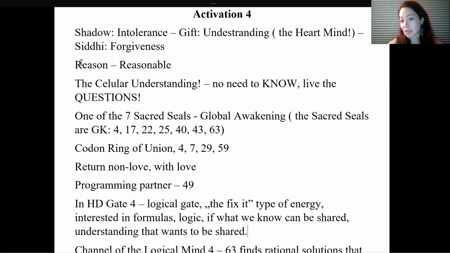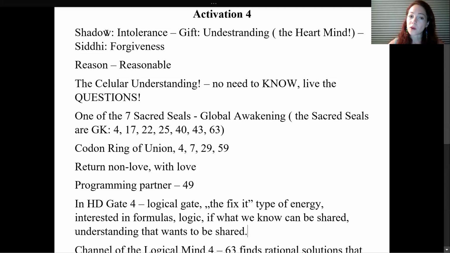4 is about understanding patterns many times. So as long as they find reason, they find it reasonable. But it might be a trap, because activations in the ajna and in the mind might sometimes be trapped in the mind. How does understanding happen? Understanding happens with that cellular understanding.